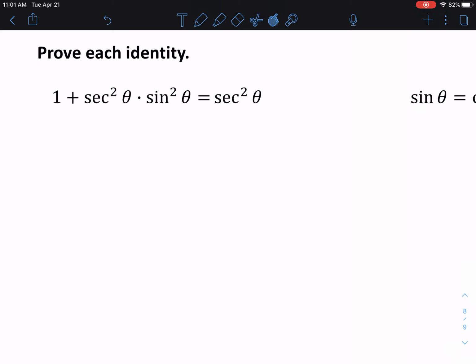Okay, so one of the things that I look at here is I'm just going to try some things. I know that secant is also 1 over cosine, so I could maybe try to start there. So I'm going to see if I can rewrite this as, since it's not secant, it's secant squared, I'm going to have to write cosine squared theta. And again, where do I get that?